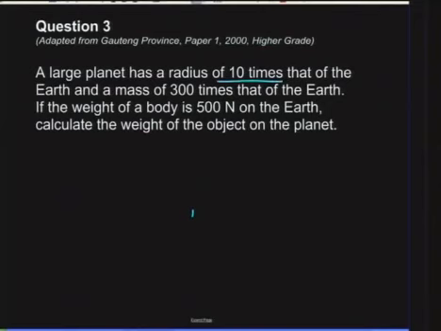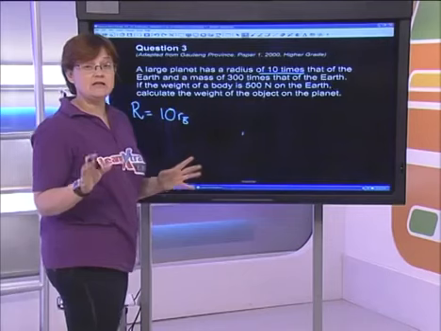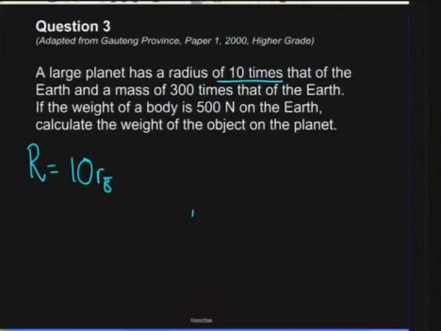So the radius of my planet is 10 times the radius of the Earth, which I'm going to call RE so I can remember it. It has a mass 300 times that of the Earth. So my planet's mass is 300 times the mass of the Earth.